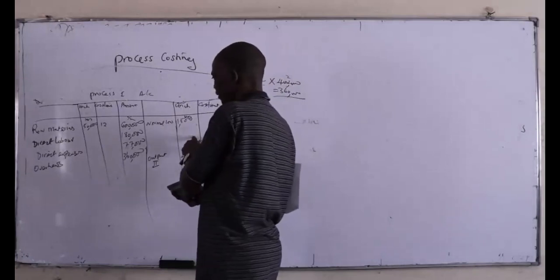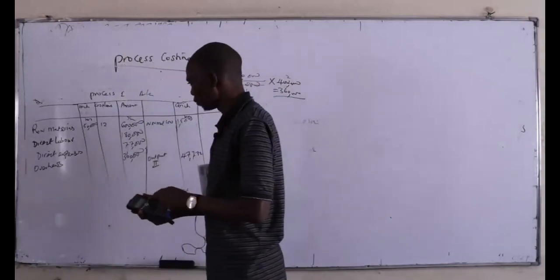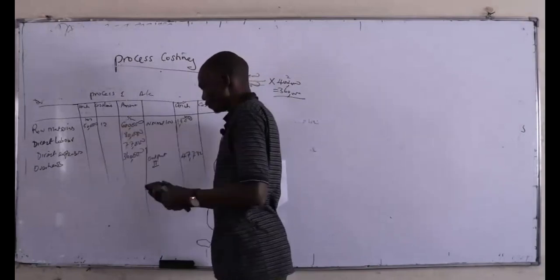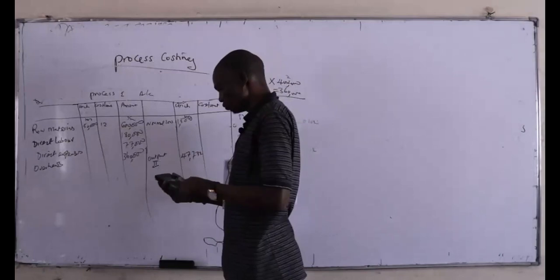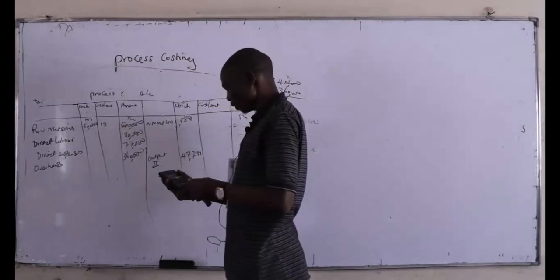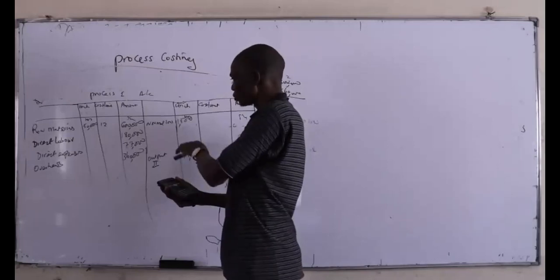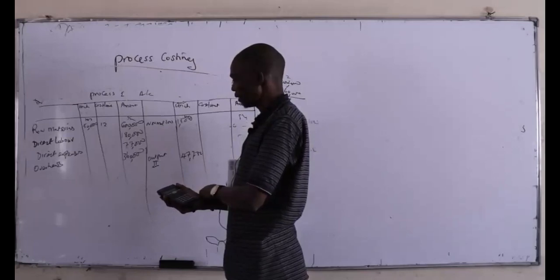But if this side is higher than this side, the difference is referred to as abnormal gain. So in this case, we had 50,000 that came into that process. We expected to lose 1,500, so that is 48,500. And if that was the case, then we ought to have ended up with 48,500 as the output.